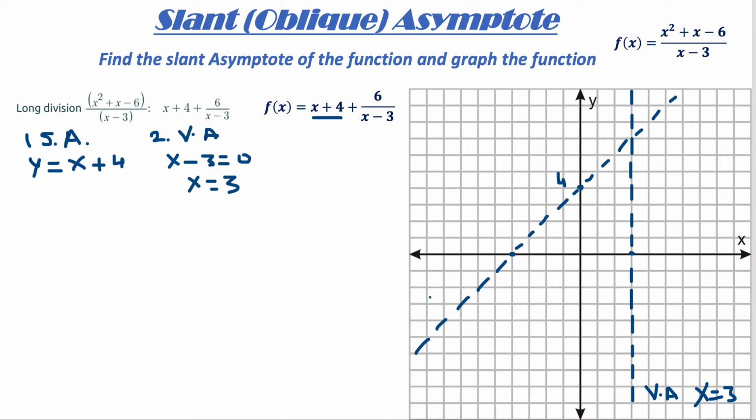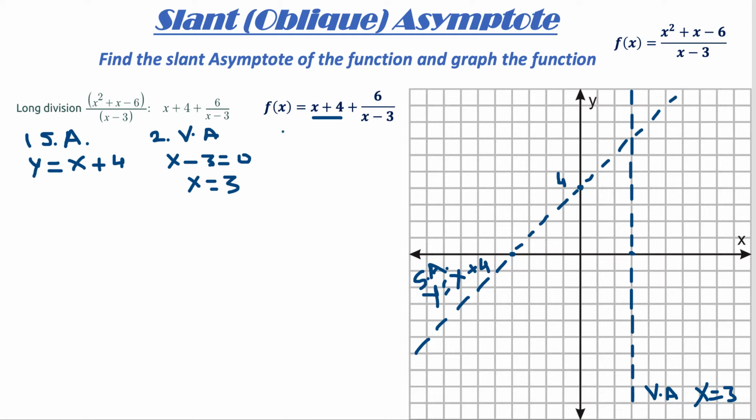And this is a slant asymptote here. The y equals x plus 4 is a slant asymptote. Let me write SA, slant asymptote.